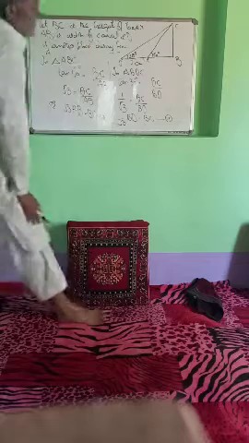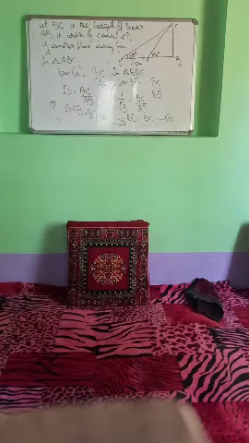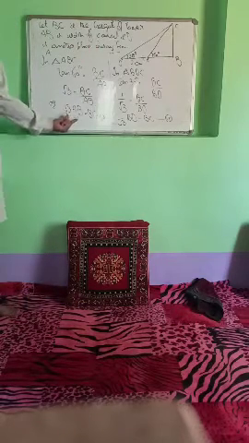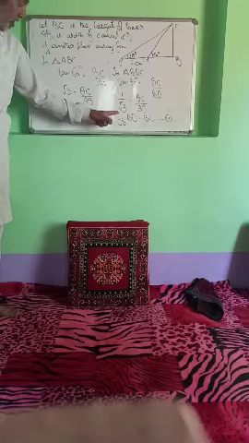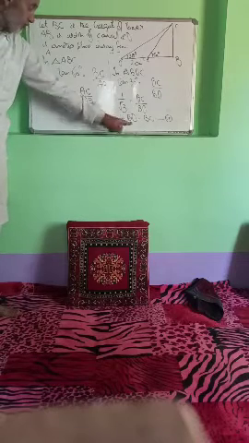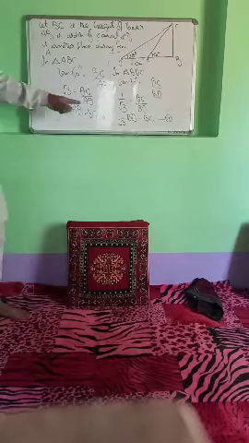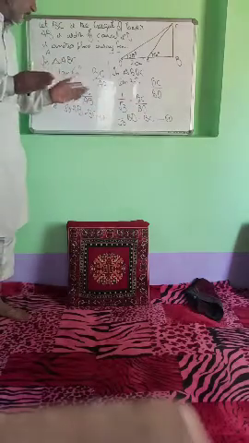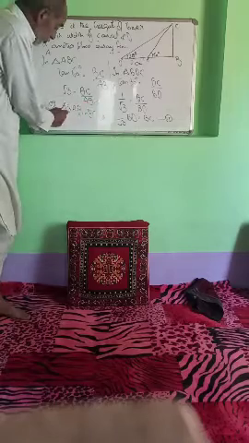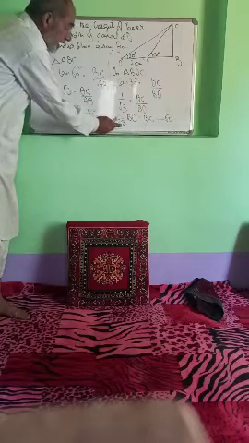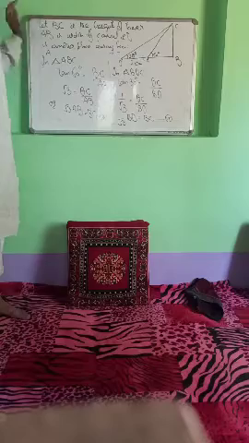Now if you keenly see, both these quantities, root 3 into AB and 1 by root 3 into BD, are equal to BC. So from the first equation and second equation, we can conclude that root 3 AB is equal to 1 by root 3 of BD.